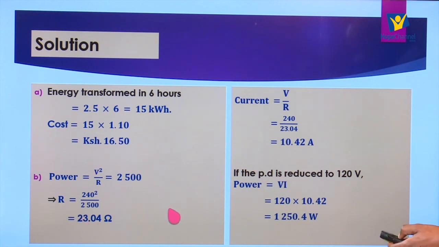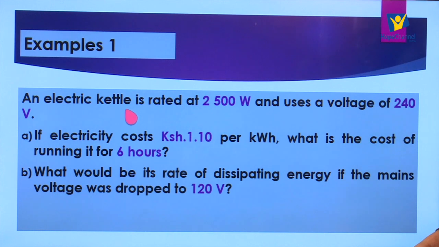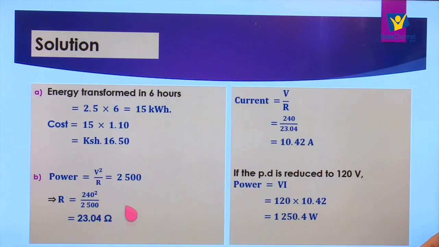So the resistance of the element of this kettle is 23.04 ohms. The current will be equal to V over R. When it's operating normally on the 240, the current supplied will be 240 divided by 23.04. That gives us 10.42 amperes.